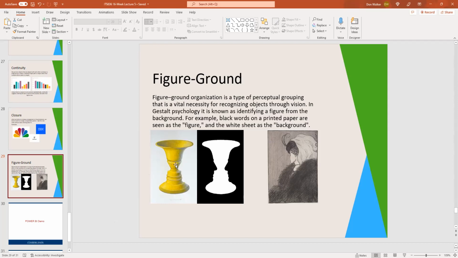So the yellow vase, well, it looks like a vase, but when you turn that into a monochromatic image where all you see is a very simple foreground and background, black automatically becomes the foreground for the human mind, and white becomes the background. Now you see that it looks like the silhouette of faces.